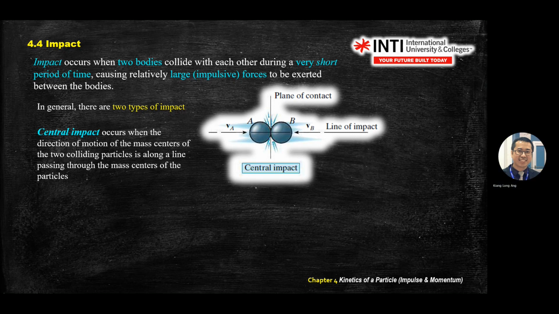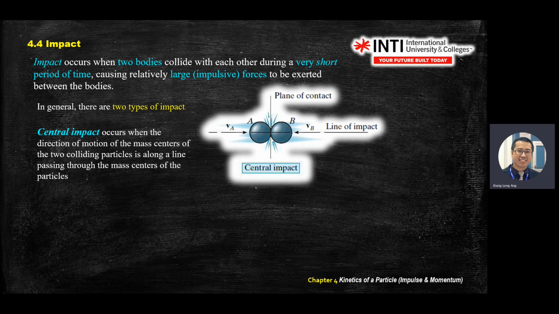In the assessment, the question will only mention the type of impact and will not give you the diagram. So from the question, you need to identify what kind of impact it is.